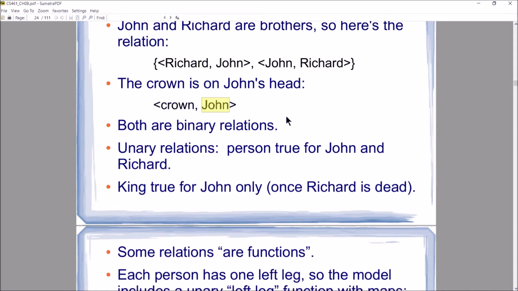So you could say that the person property is true for both Richard and John because they're people. Now, the unary relation, the property of king, is true for John only. Once Richard passed on, if John committed regicide or whatever, king's only going to be true for one of these people. Okay, for John only, once Richard has passed on.